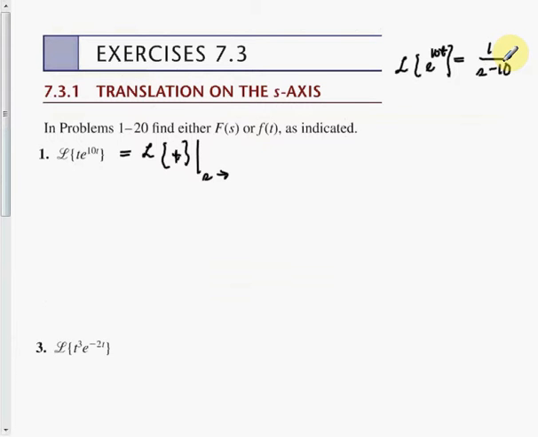So here s is going to shift from s to s minus 10. The Laplace transform of t is 1 over s squared, where here s is shifting from s to s minus 10. So I have s downstairs, and I write my answer as 1 over s minus 10, all squared. So the first translation theorem says if you're taking the Laplace transform of any function times e to the at, you can make the shift from s to s minus a. That's all.